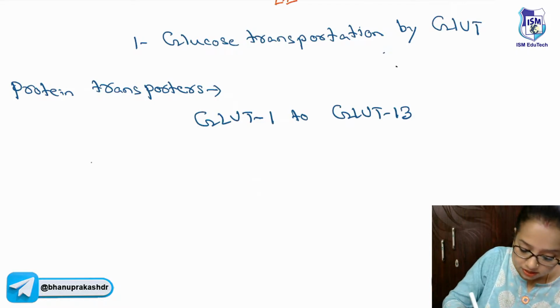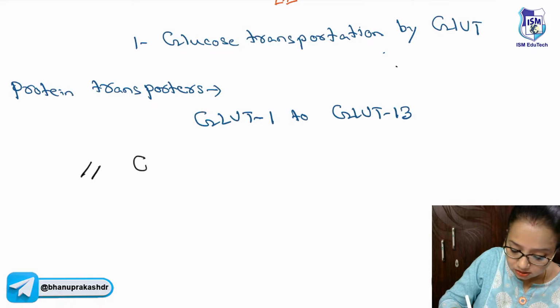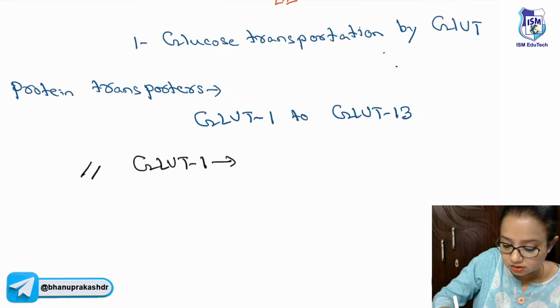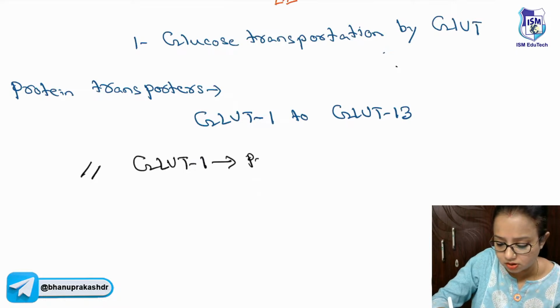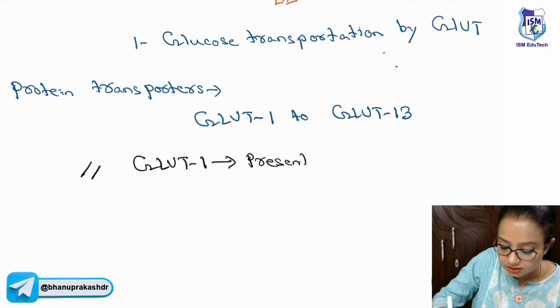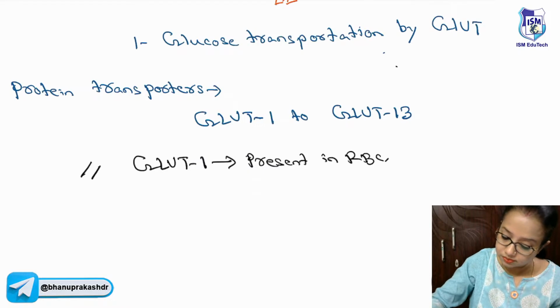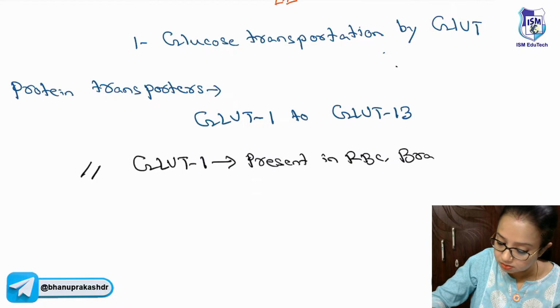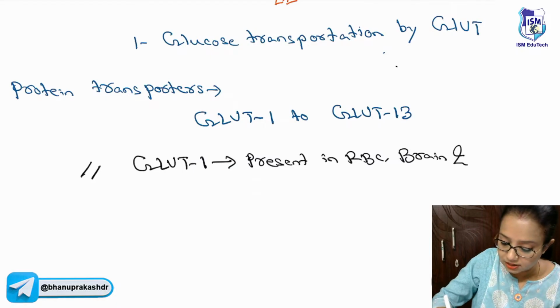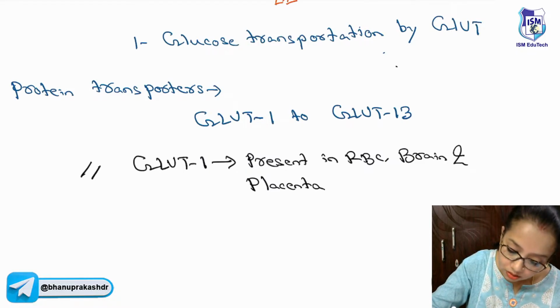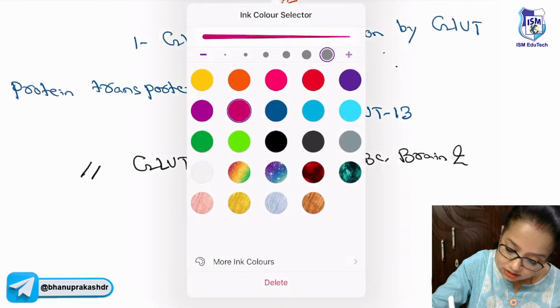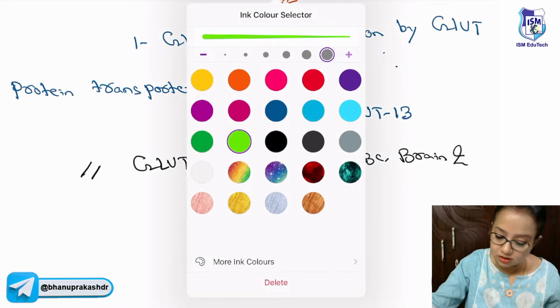To mention a few, the GLUT1 transporter is abundant in the RBC, in the brain and placenta.